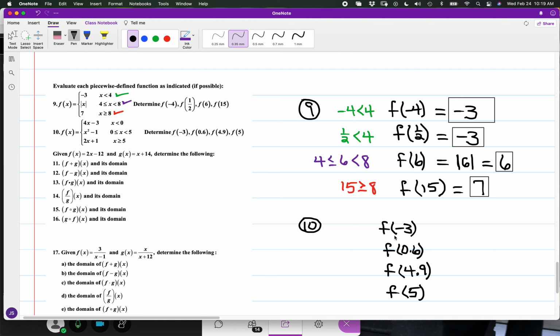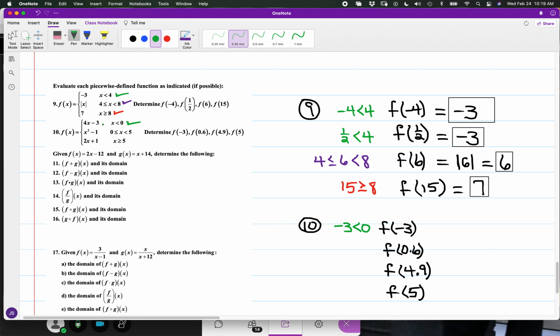Okay, so for negative 3, negative 3 is less than 0. So this input belongs to the x is less than 0 category, and anything in x that is negative is going to be given the 4x minus 3 treatment.